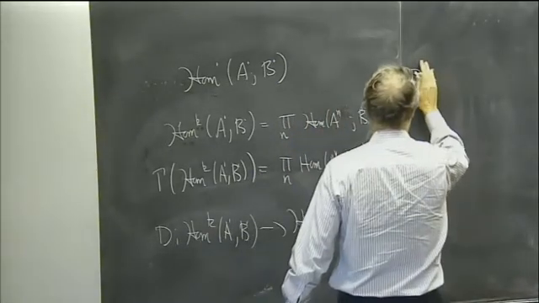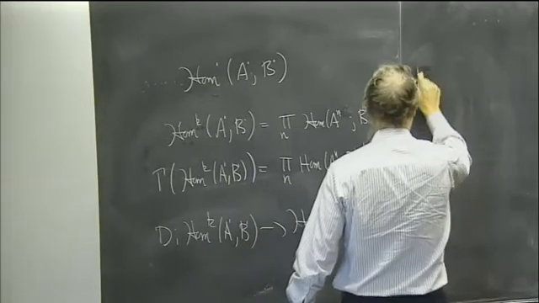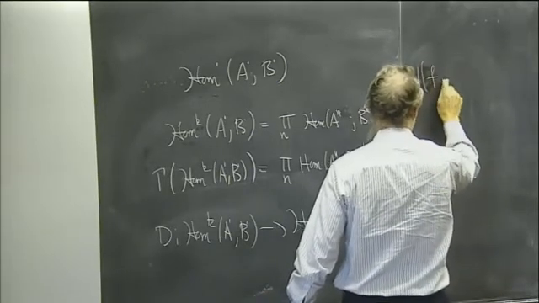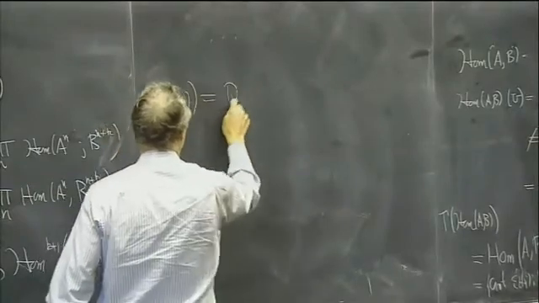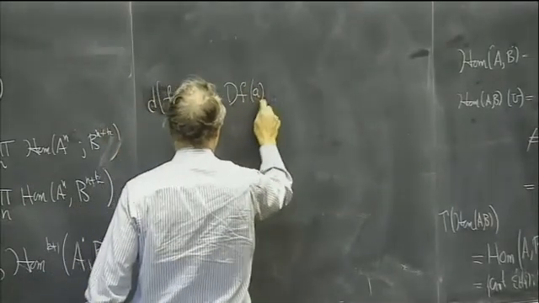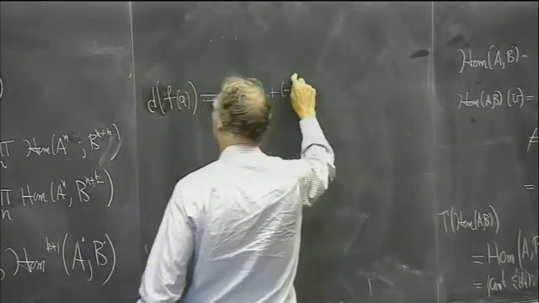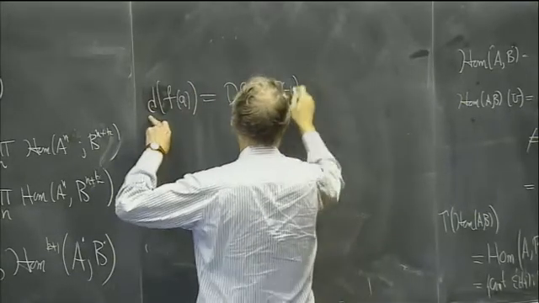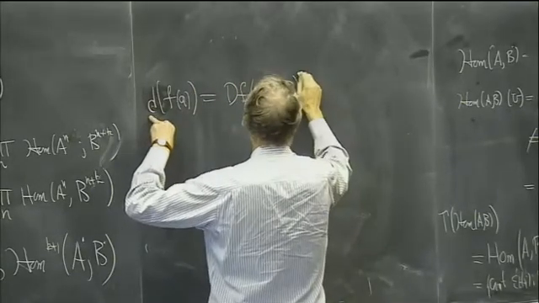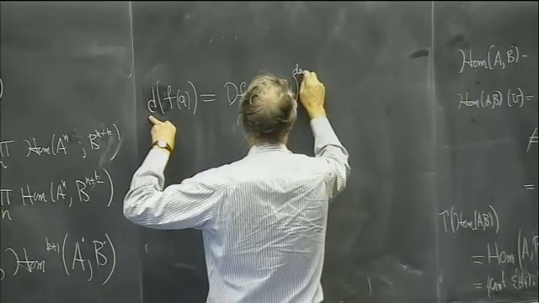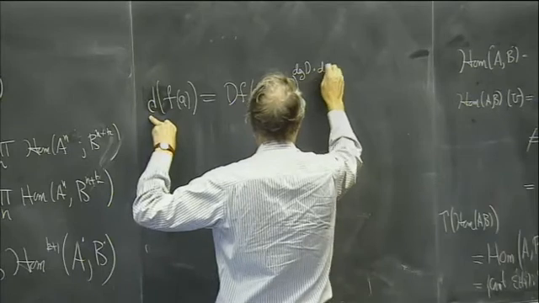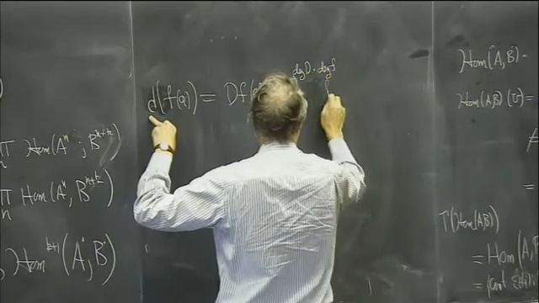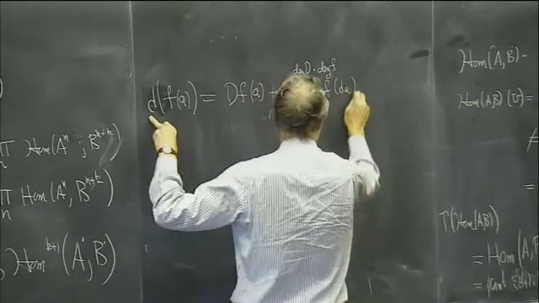So here's the formula you should remember. D of F of A should be dF of A plus minus 1 to the degree of D times the degree of F of dA.